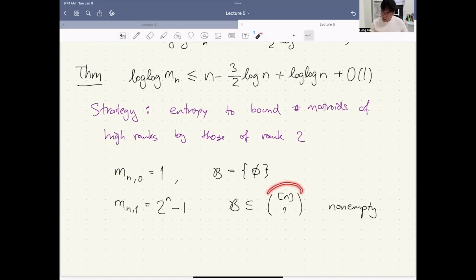The set of singletons has size n. The total number of subsets of it is 2 to the n. But we have to subtract 1 because we cannot choose the empty set. So that gives us all choices of matroids with rank 1.